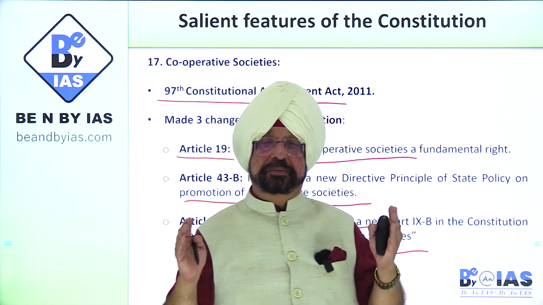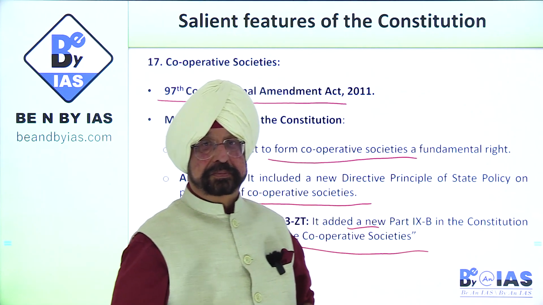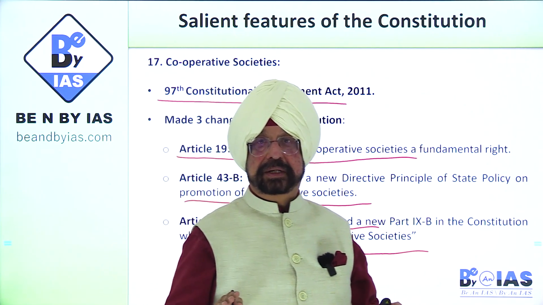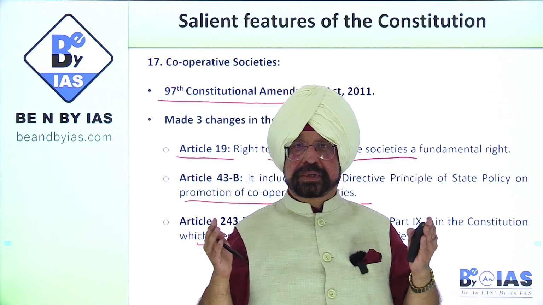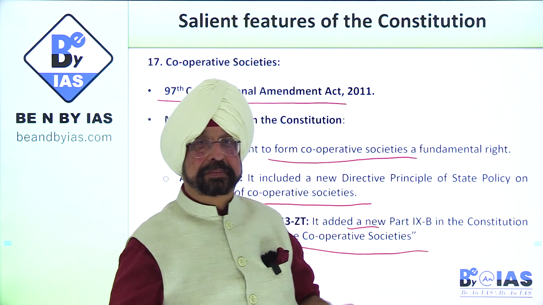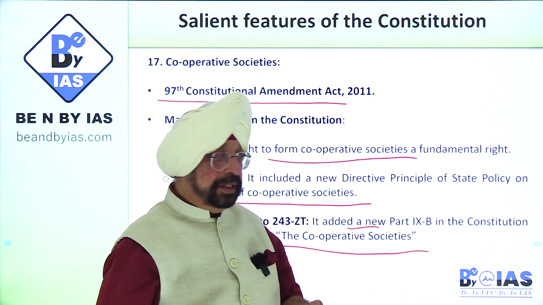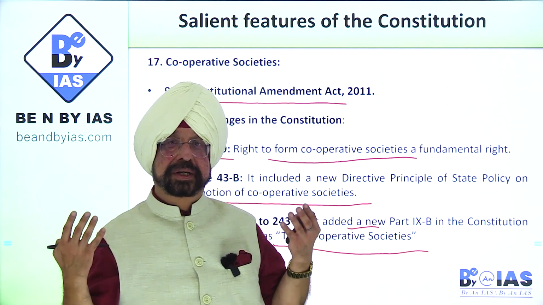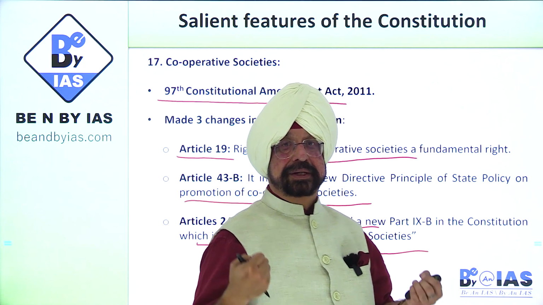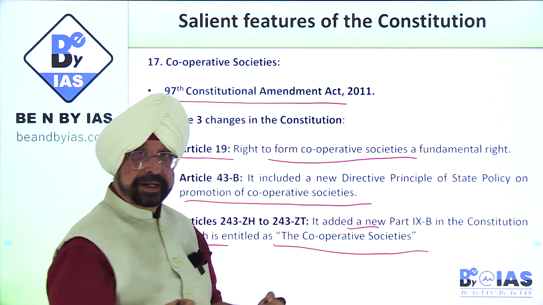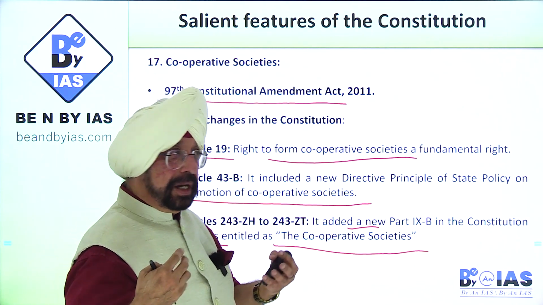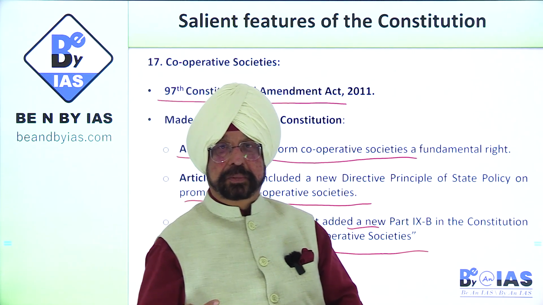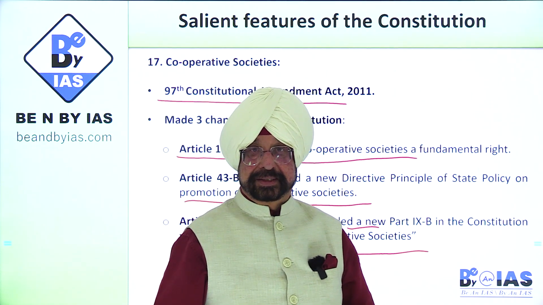So this is a very, very important aspect for a welfare state like India, which is primarily rural based. Predominantly, India is a rural state where almost 80% of the population lives in the rural areas.